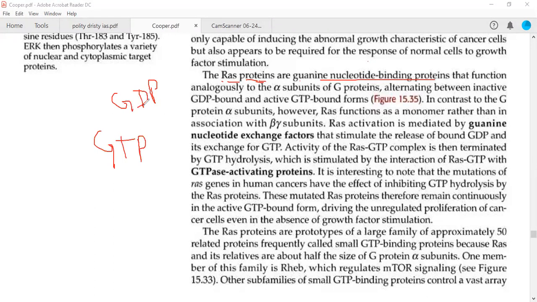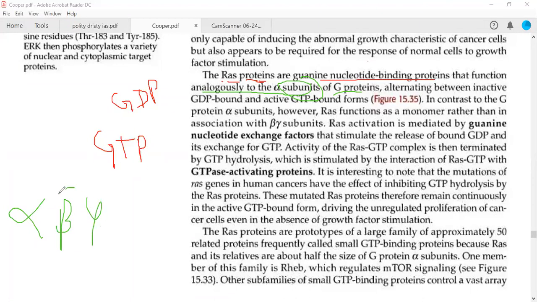So it is already bound with GDP, and if it wants to activate, it will bind with GTP with the help of some SOS protein, a guanine nucleotide exchange factor present in your cell cytosol. It is also important to note that this is very analogous to the alpha subunit of G protein. In G proteins, we have studied three subunits, alpha, beta, and gamma.